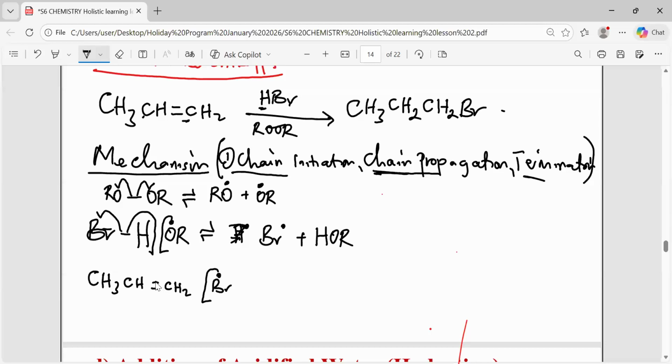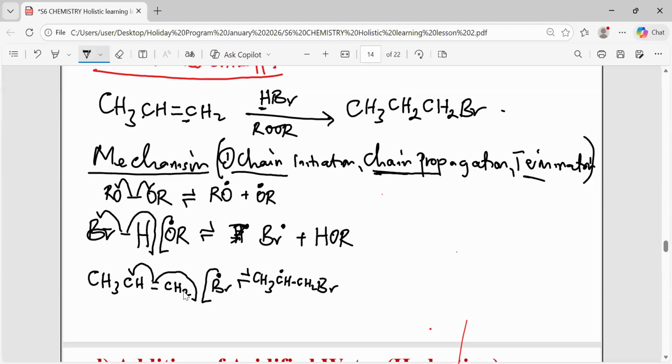The pi bond will break homolytically still, and when it breaks homolytically, we shall have CH3, CH with an electron there. Now we have remained with a single bond. Then CH2. Now bromine has attached on this one. Then we can keep on moving.